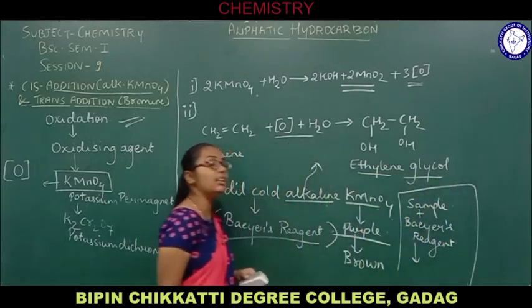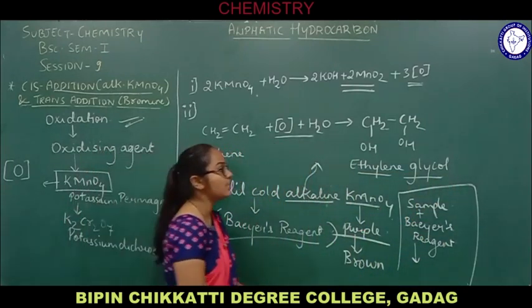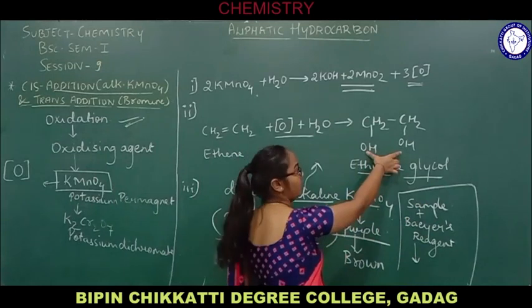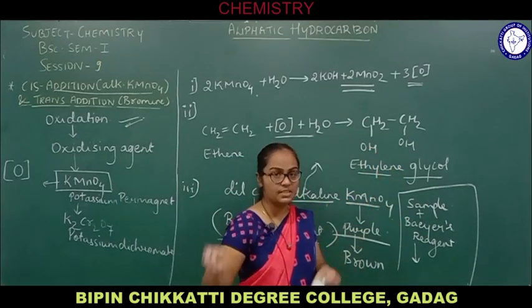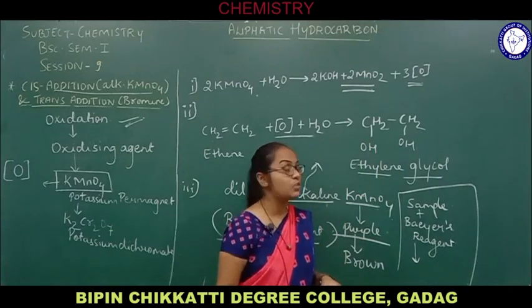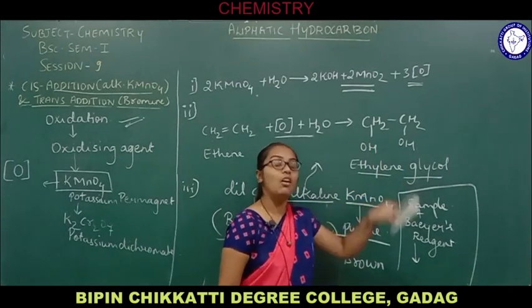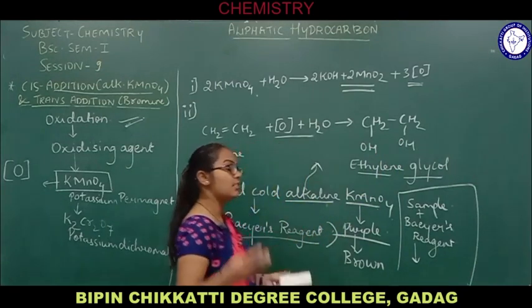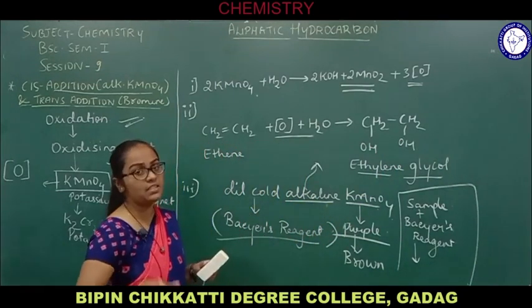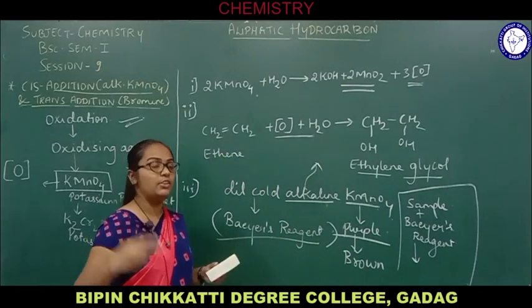Now in this ethylene glycol which has been formed, you can see the two OH groups are there. So in the product, if the two OH groups are there, this process is also called glycolization, or hydroxylation. So this process is termed by either of two names, glycolization or hydroxylation.